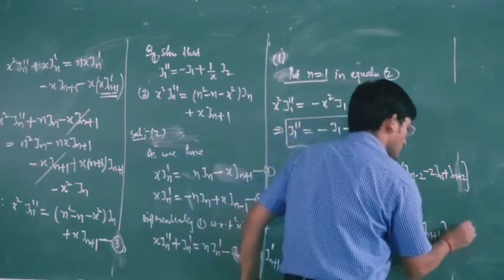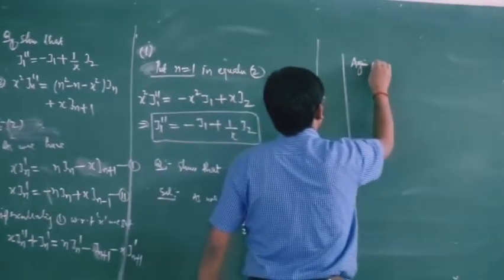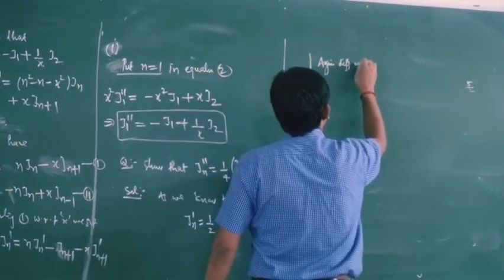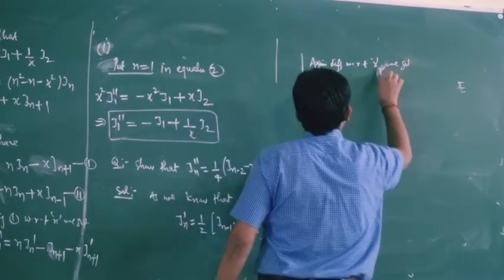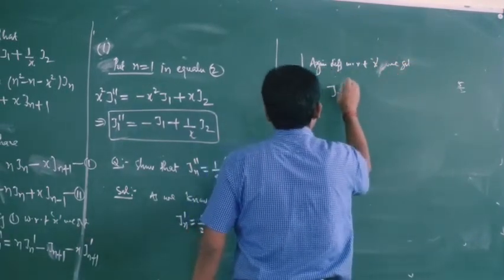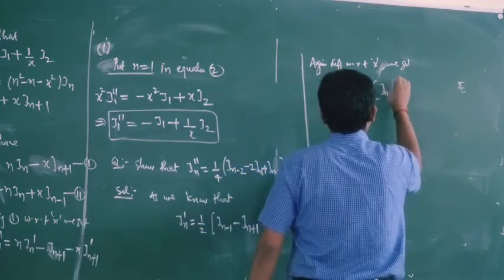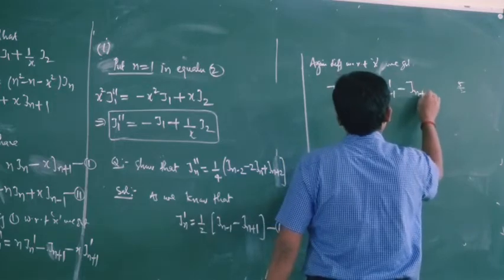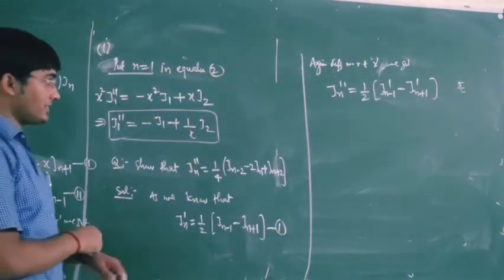Say this is equation number 1. Again differentiating with respect to x, we get Jn double dash, and in the right hand side we will have Jn minus 1 dash minus Jn plus 1 dash. So this is our right hand side in this case.